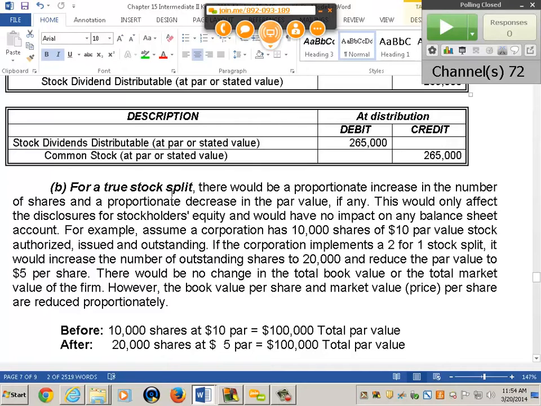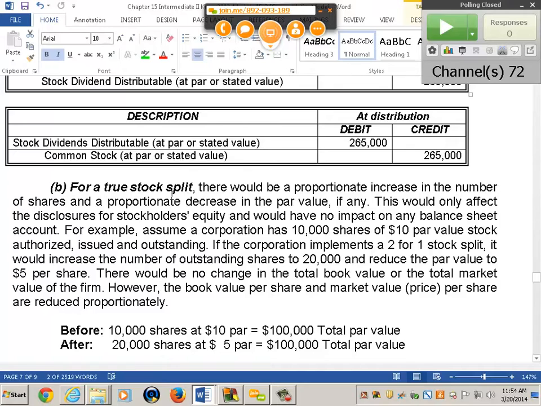And the same thing is true for a stock dividend. Now, when you think about the cash dividends, what happens to cash dividends after they split? They get cut in half as well. And as long as the dividend does not get cut by more than the proportion of the split, you're okay. If a company splits the stock and cuts the dividend by more than, let's say, 50% here, you got a problem. It's a negative signal.